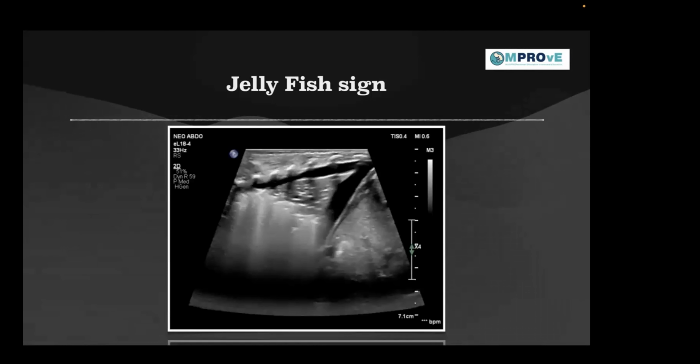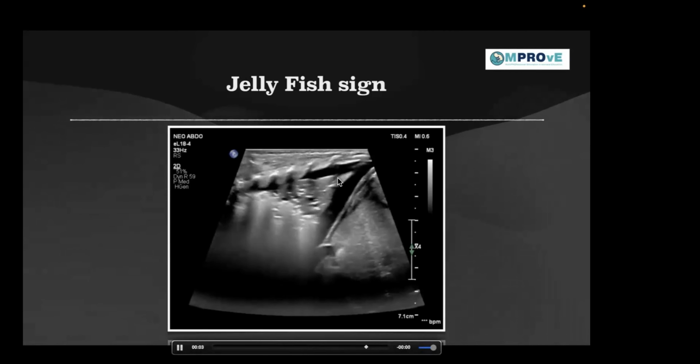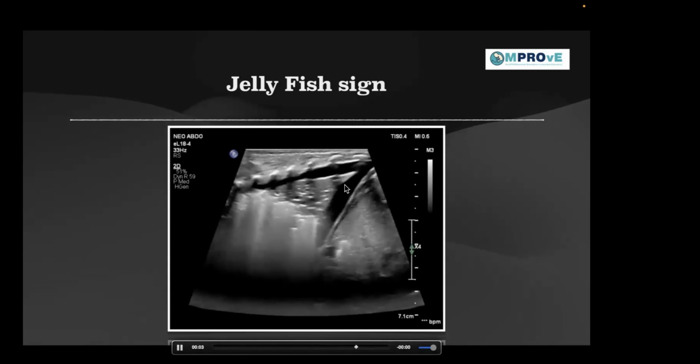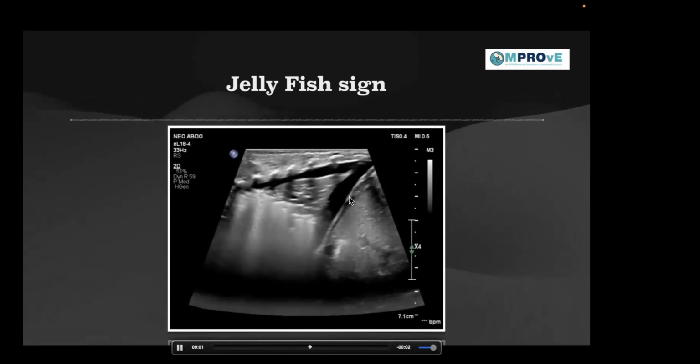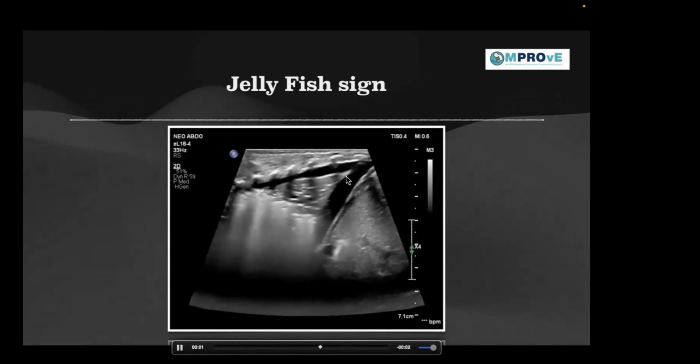Jellyfish sign. Again, don't ask me why only jellyfish. I don't know, but the kind of movement you see here, the flapping of the tip of the lung in the pleural effusion, is a jellyfish sign. You can name any fish, but yeah, it's a jellyfish sign. So, movement of the tip of the lung in the pleural effusion.